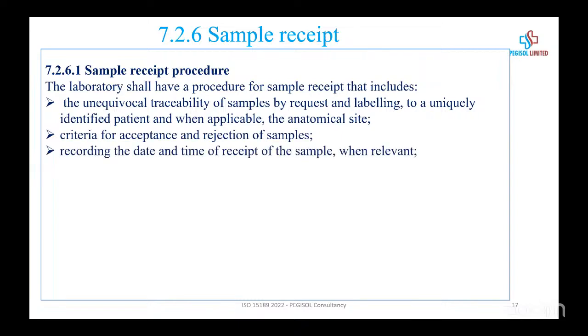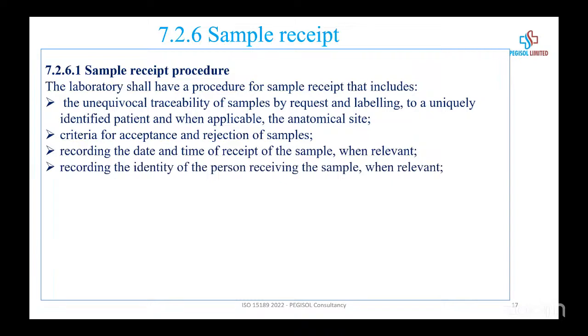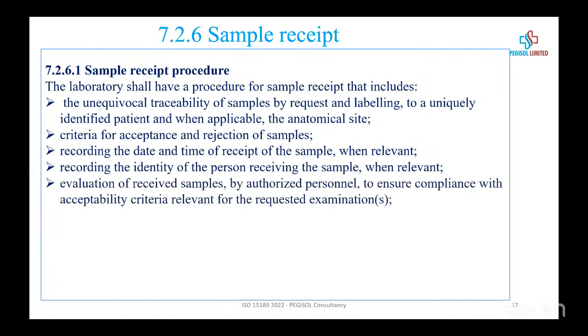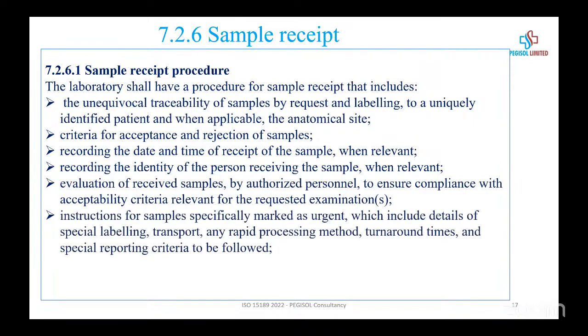Record the date and time of the receipt of the sample when relevant. You have to record the identity of the person receiving the sample when relevant. Evaluation of the received sample by authorized personnel to ensure compliance with the acceptability criteria relevant for the requested testing. Instruction for samples specifically marked as urgent.